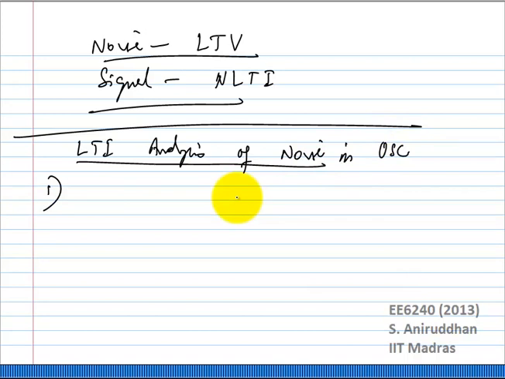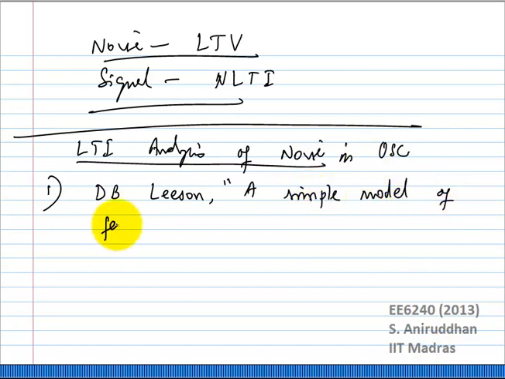Very specifically, there is a famous paper by D.B. Leeson. It's called "A Simple Model of Feedback Oscillator Noise Spectrum".